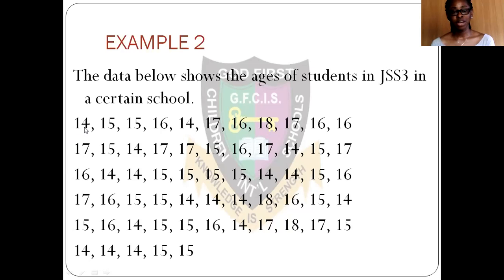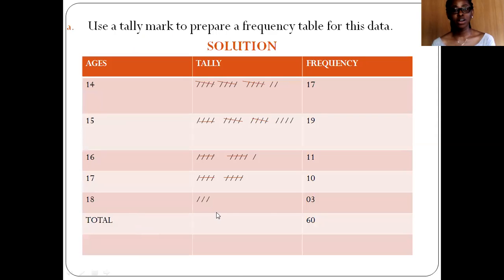It will give us 60 as the total number of students in the JSS3 class in a certain school. 1, 2, 3, up to 60. So our total is 60.